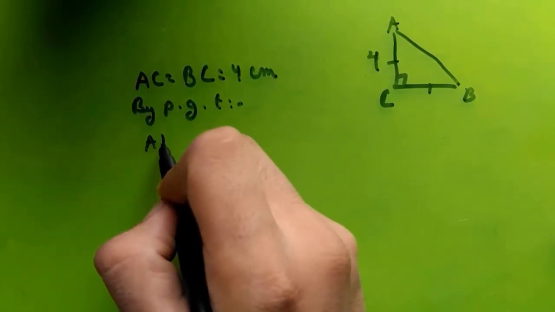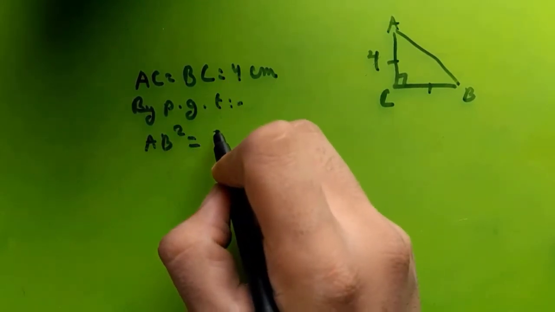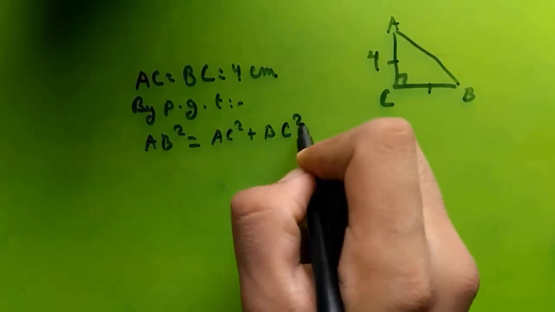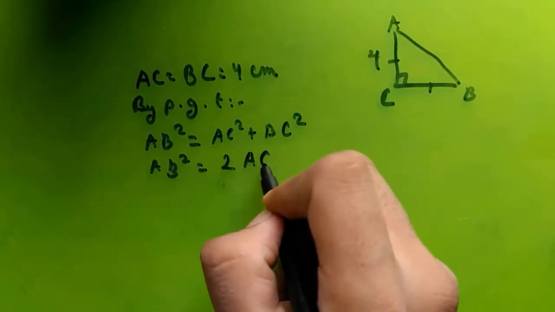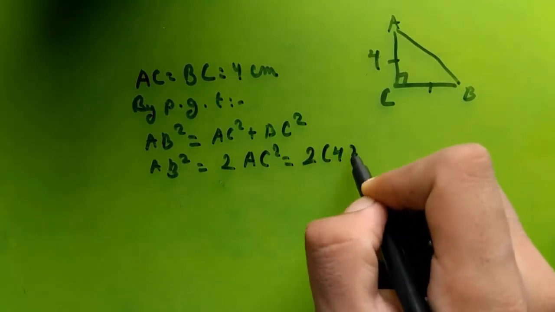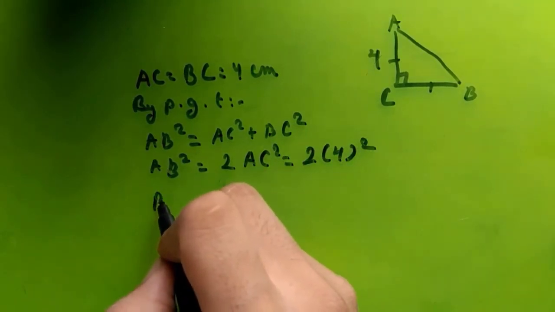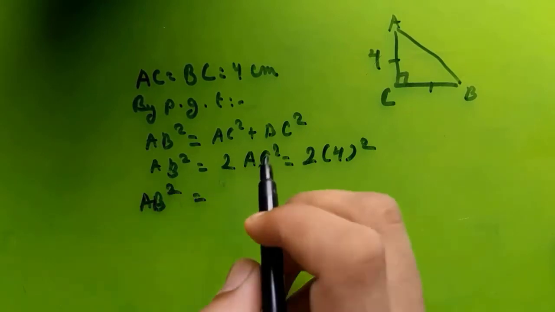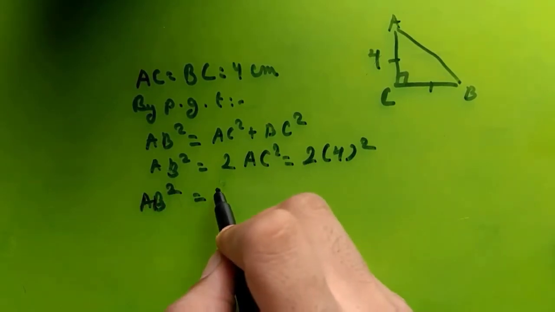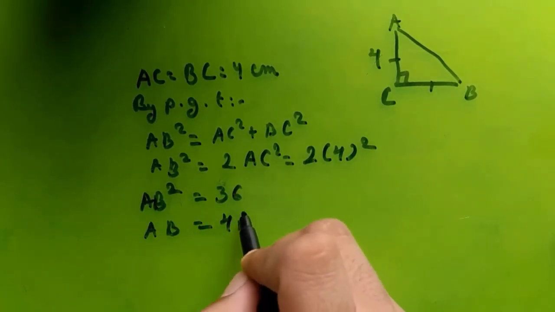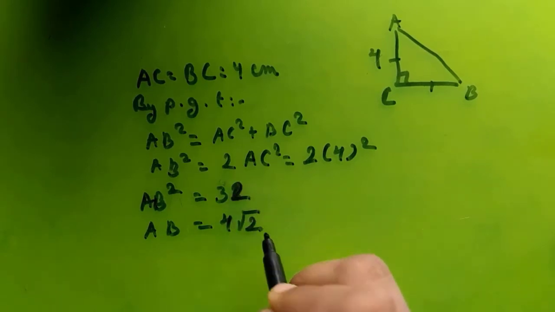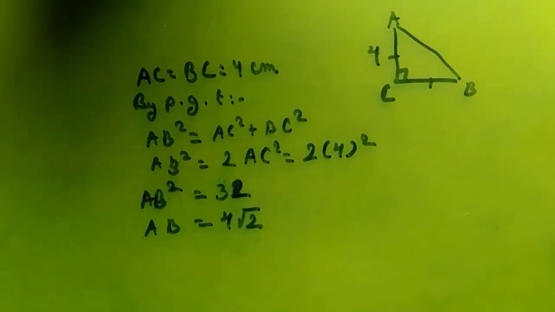We get that AB square is equal to AC square plus BC square. AB square equal to 2 AC square equal to 2 into 4 square. AB square will be equal to 2 into 16, 32. Therefore AB will be equal to 4 into root 2. Therefore the length of AB is equal to 4 into root 2.